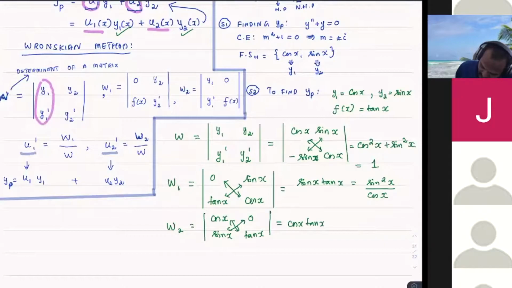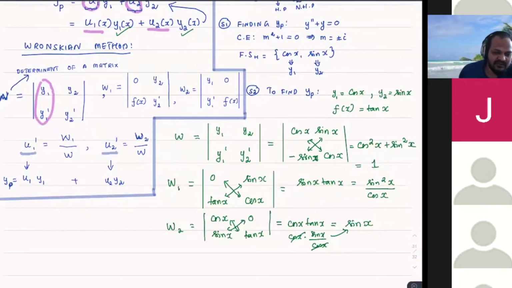The tan x here is sine over cosine, and cosine gets cancelled. So cosine x times sine x over cosine x, and cosine gets cancelled. So I'm only left with sine over there.